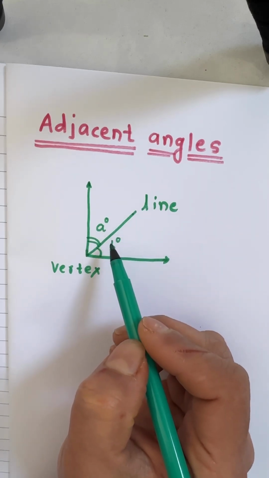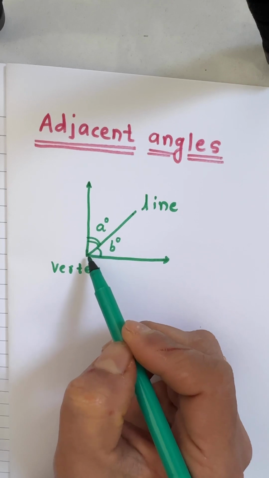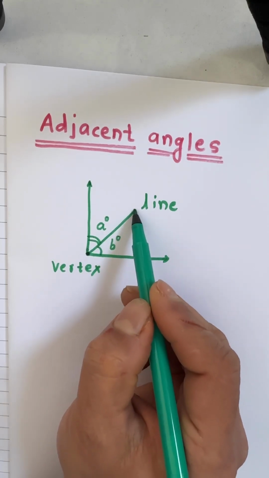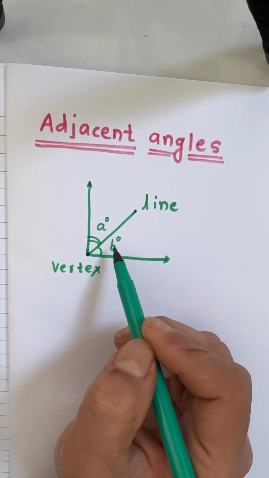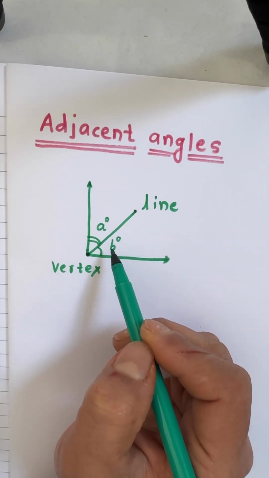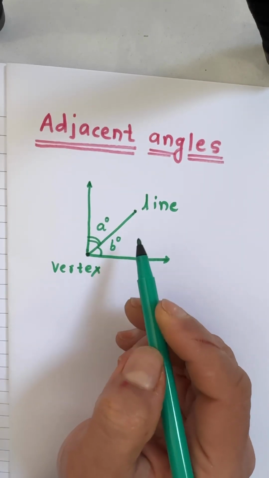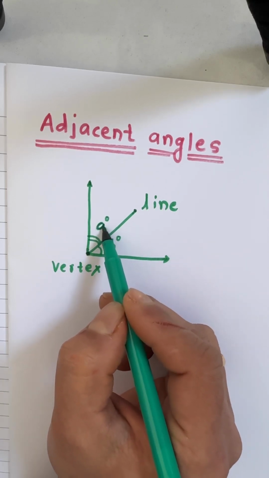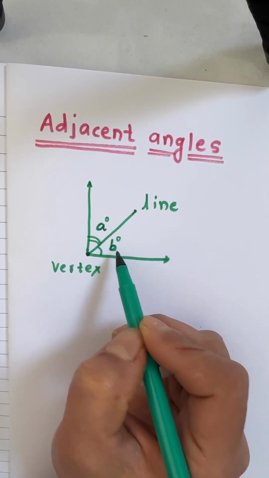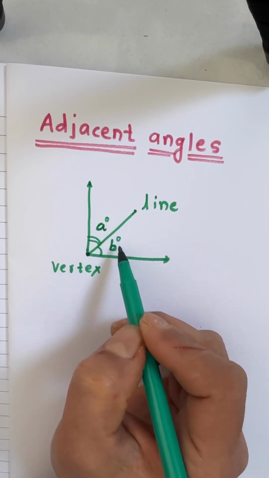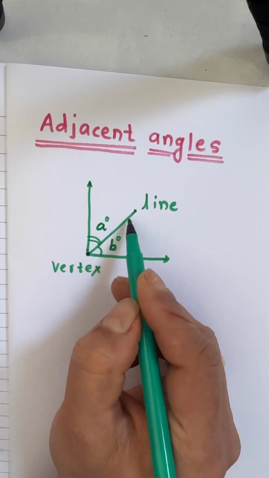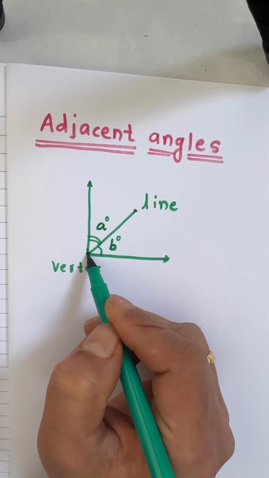So adjacent angles have a common point, that is vertex, and a common line. Those angles are called adjacent angles. In this, A angle and this B angle, these both are adjacent angles. These are having a common line and a common vertex.